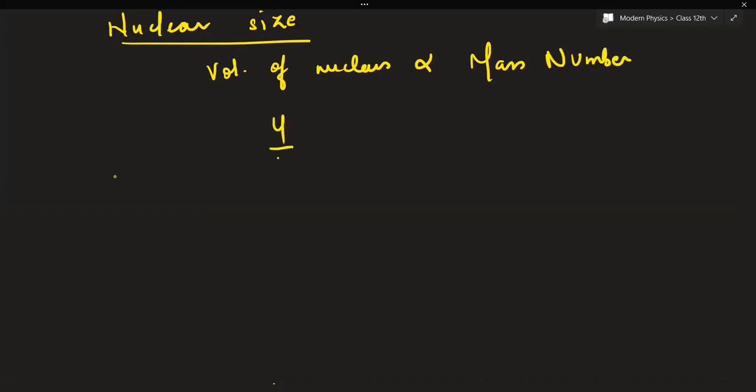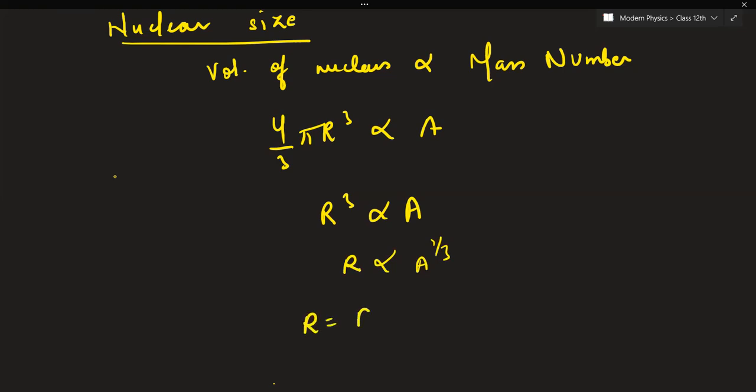So volume is 4 by 3 pi r cube, which is directly proportional to A. So directly you can say r cube is proportional to A. It means r is proportional to A to the power 1 by 3. Now a constant term comes, so r equals r naught A to the power 1 by 3.